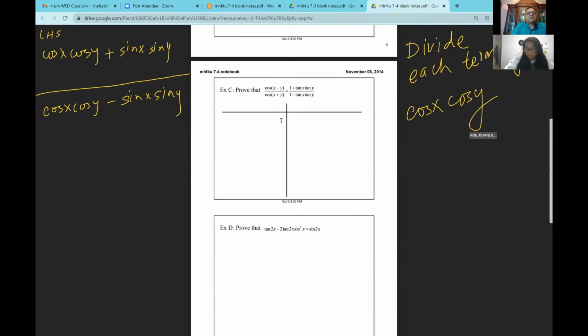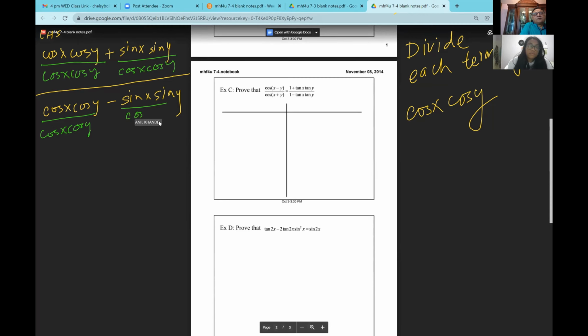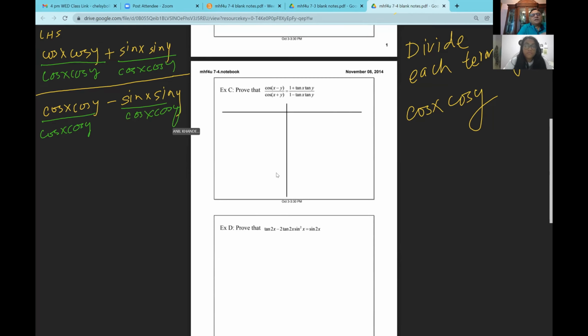So I left the space on purpose so that I can show you without rewriting it all over again. So if I divide everything by cos x cos y, what do I get? This cancels, right?